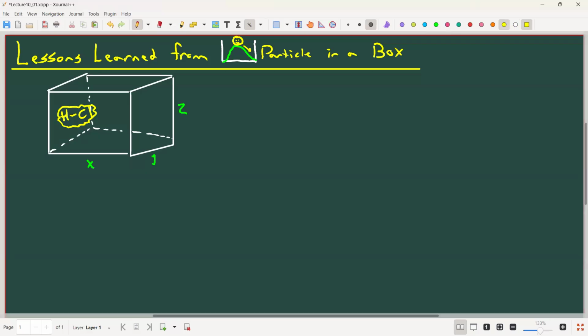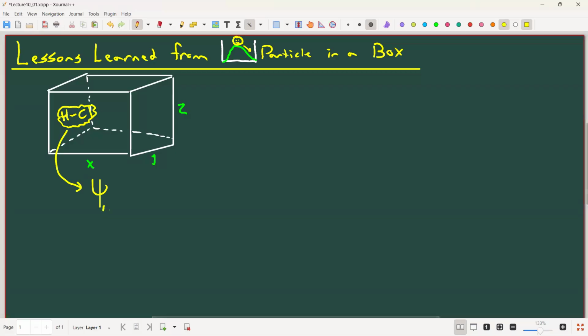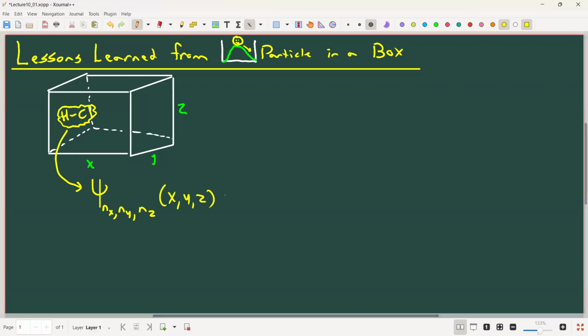We can think about the particle in the box representation as the molecule just moving around in a box of some size. So it's got some wave function, which has, as you probably know if you haven't started the work, three quantum numbers, one for each direction. And it's a function of X, Y, and Z. What did we learn about this wave function?